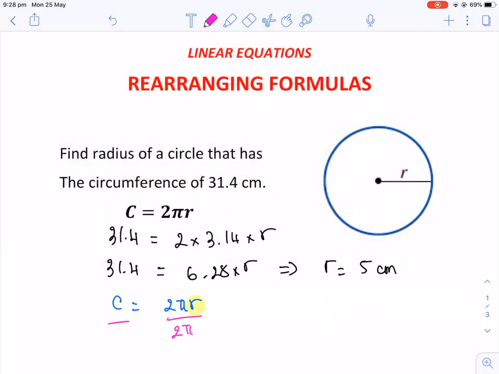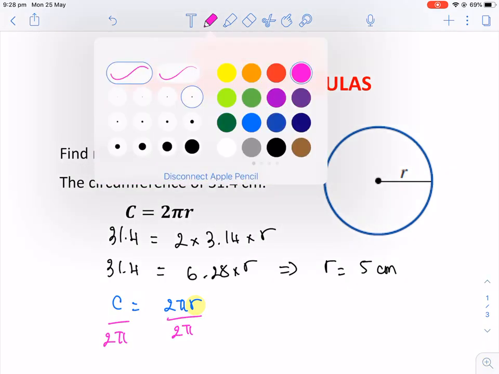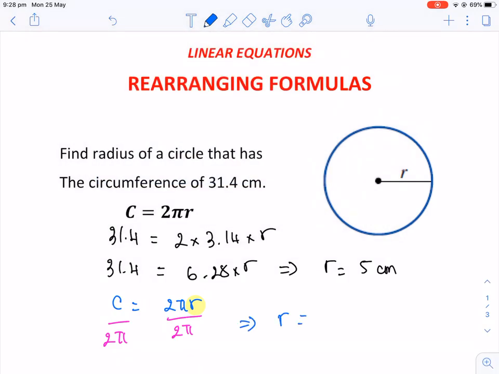So r equals c divided by 2 pi, and it will give you exactly the same value. C here is 31.4 divided by 2 times 3.14, which is 5.